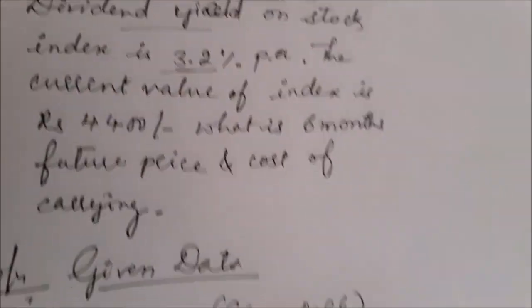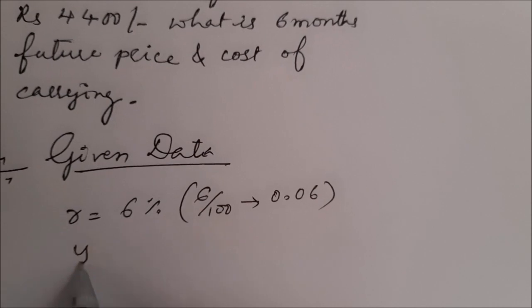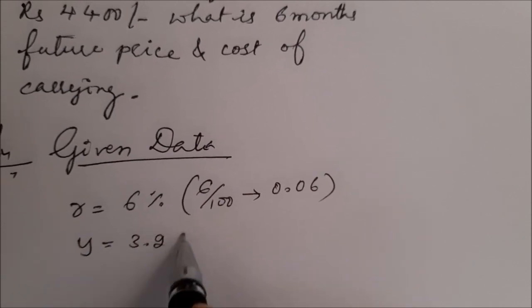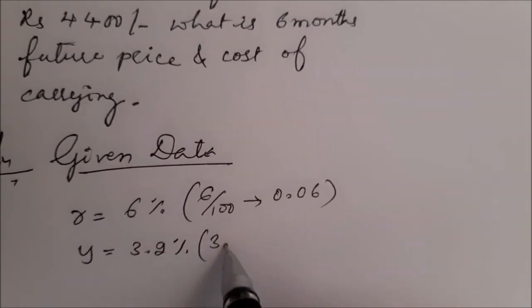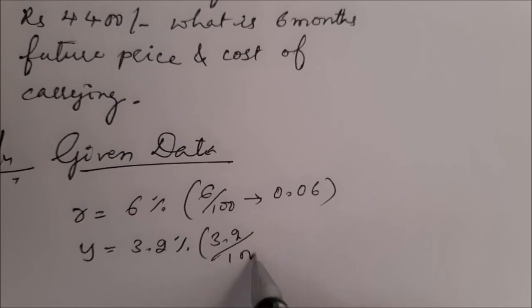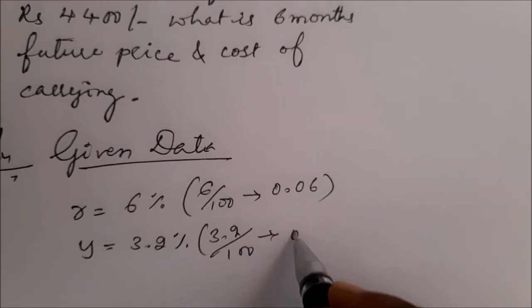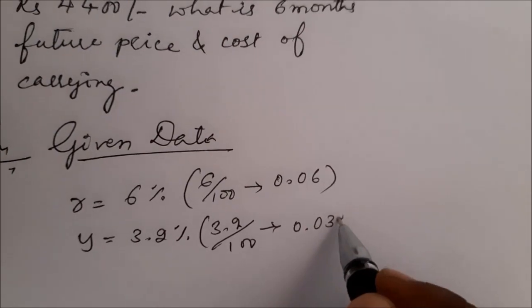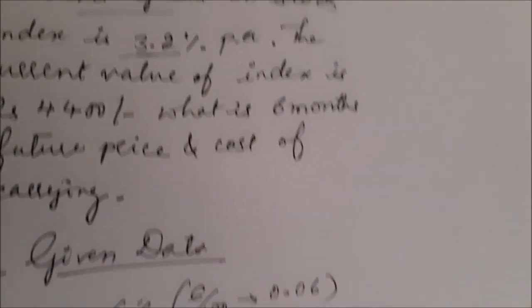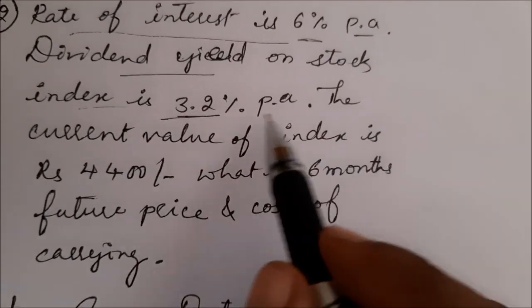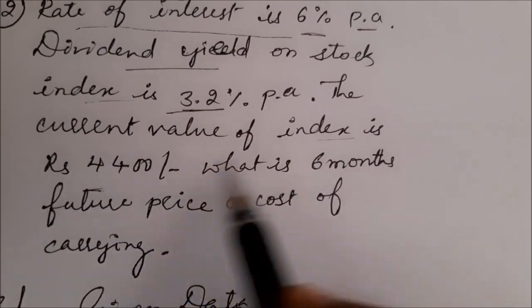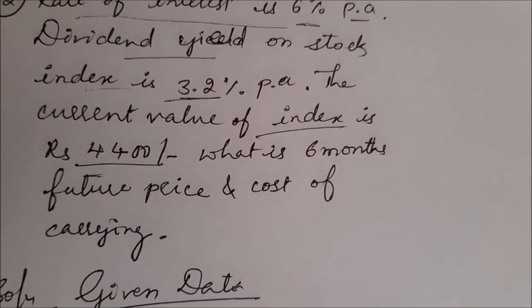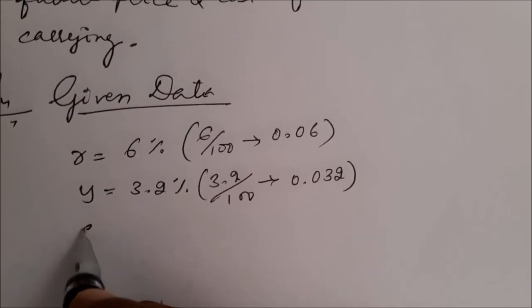Next, the dividend yield on stock index is 3.2%, that is y is equal to 3.2%. It means 3.2 divided by 100. Then we will get 0.032. Next given data is the current value of index is rupees 4,400. Current value, which is nothing but the spot price.